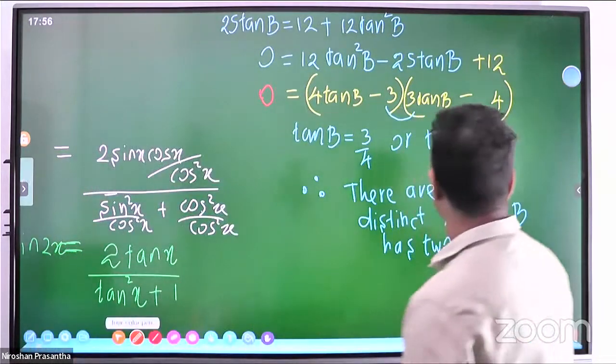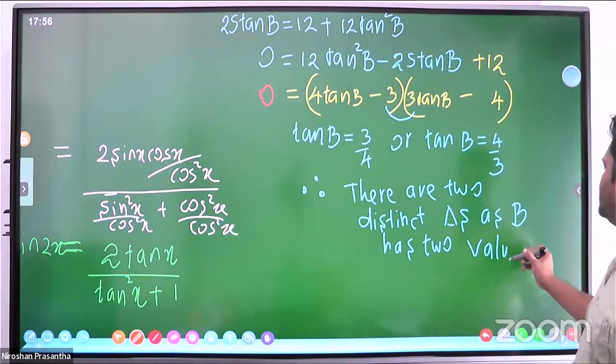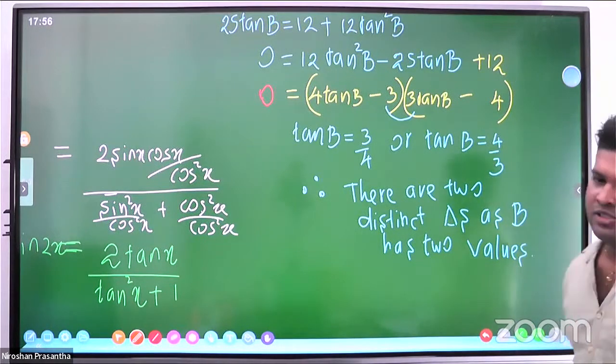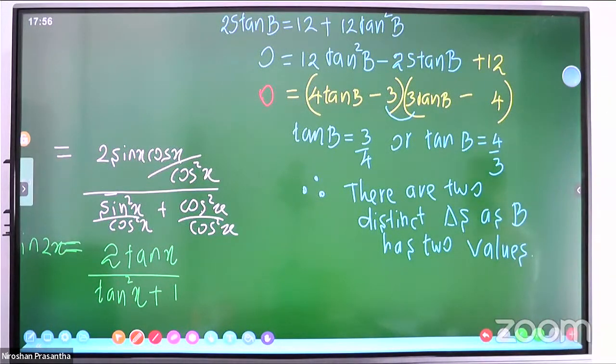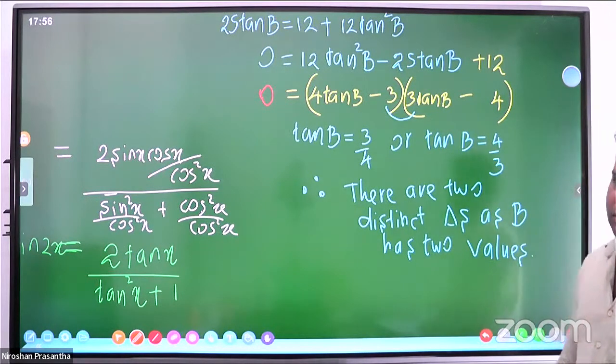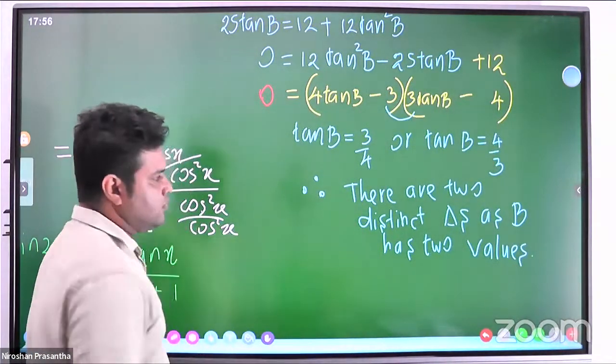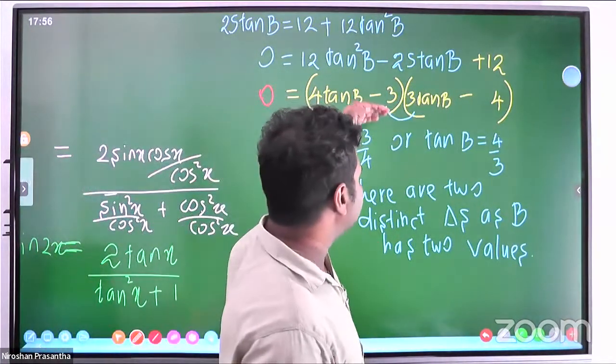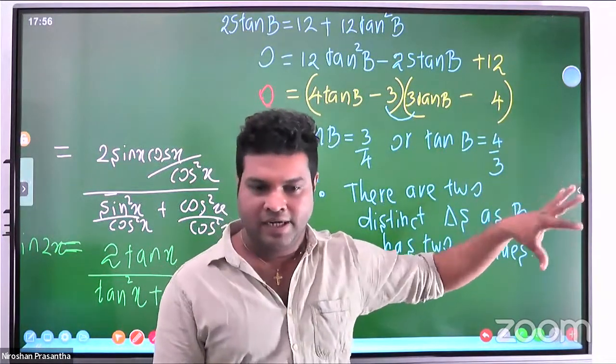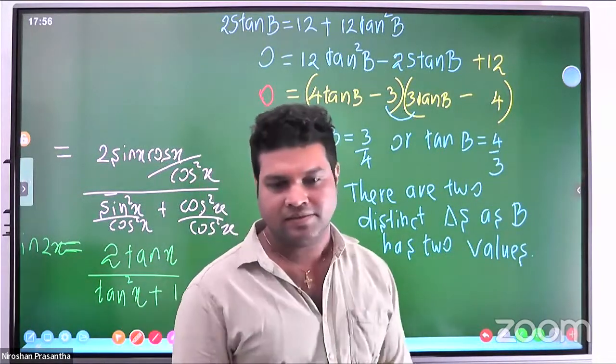Two values, two magnitudes, two angles only. Now tan B is 3 over 4 or 4 over 3. There are two instances.